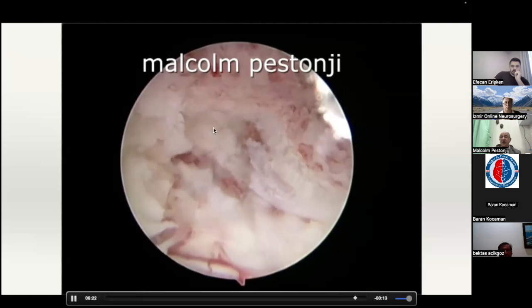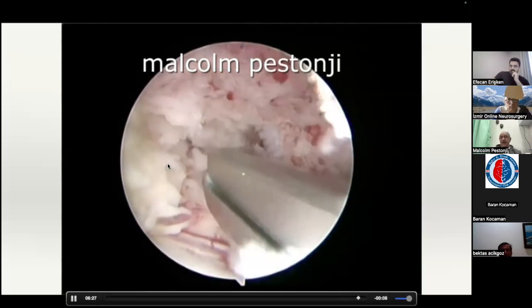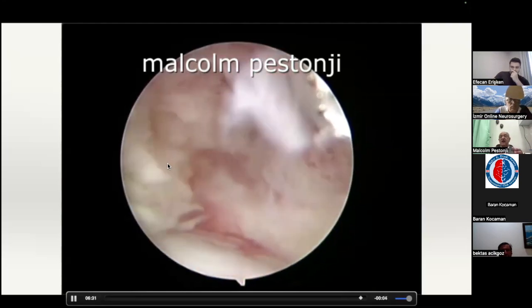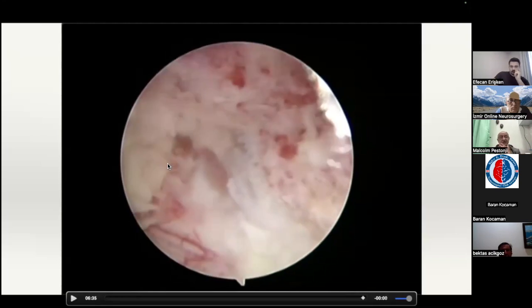Otherwise, you would have to cut this bone to reach this axilla. That is the great advantage of UB spine surgery, that you can do a lot of tunneling, keeping bone stock intact.